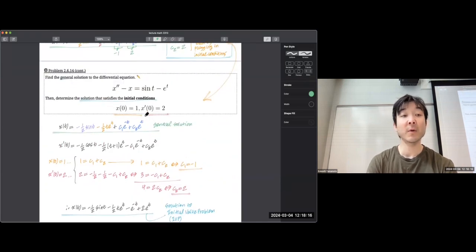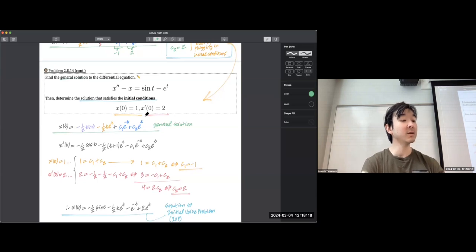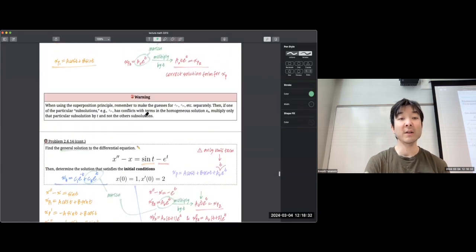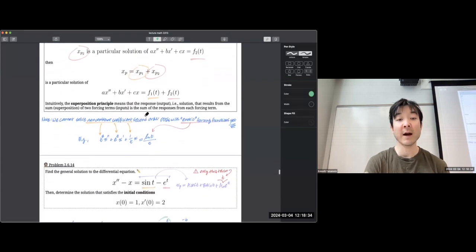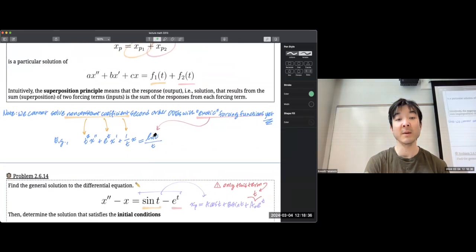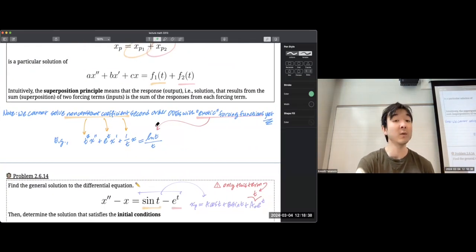So that's 2.6. What we've done is 2.4, I think, was solving homogeneous equations for second order, which was the characteristic equation. Then 2.6 was non-homogeneous, where we look at the right-hand side. There are all these different cases, but despite that, we still have very limited kinds of right-hand side. So we can't just do something like this on the right-hand side.